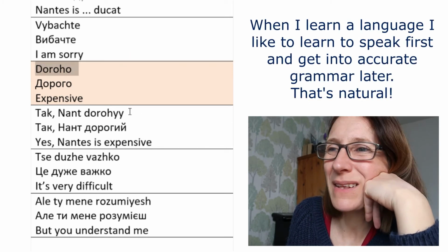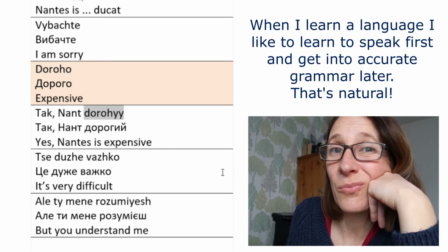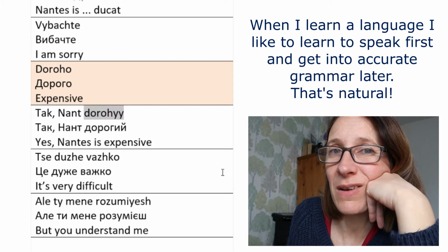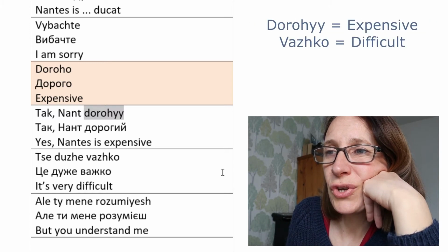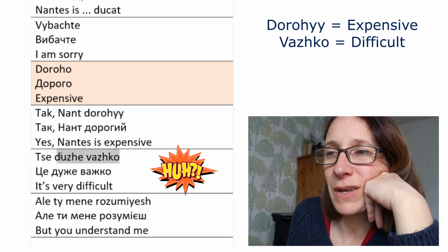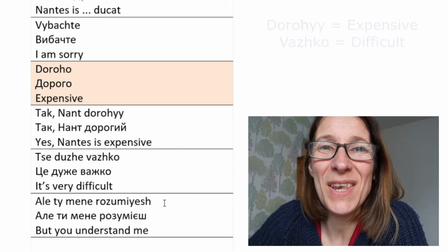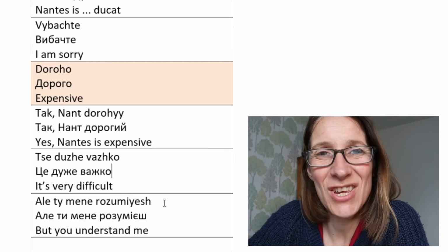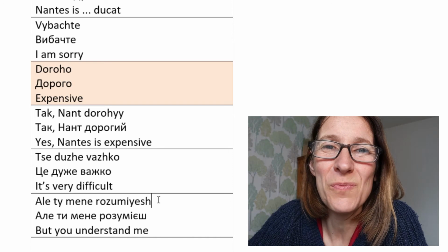Doroho means expensive and nant dorohi. That's like years down the line before I understand all that. Ce duże vážko. Ale ty mnie rozumiesz. You understand me.